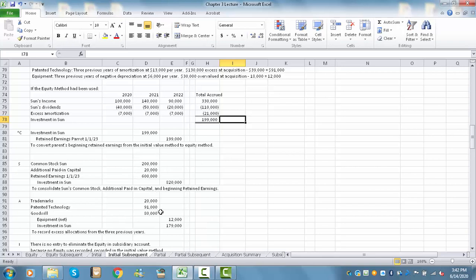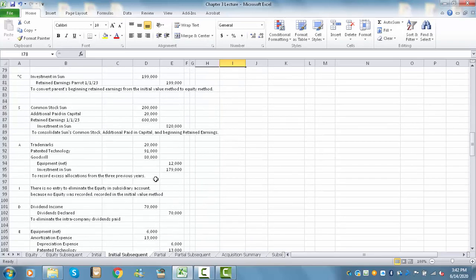Then we want to write up or adjust this for the fair value, but then since we've ignored the excess amortization, we have to put that excess amortization in there. So that's why this is 91 instead of the initial amount, 39 more, because we haven't done the excess amortization.